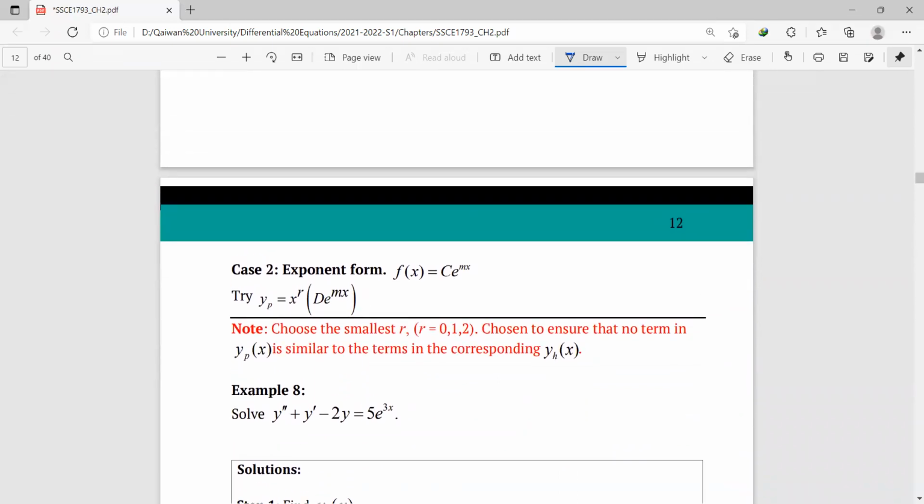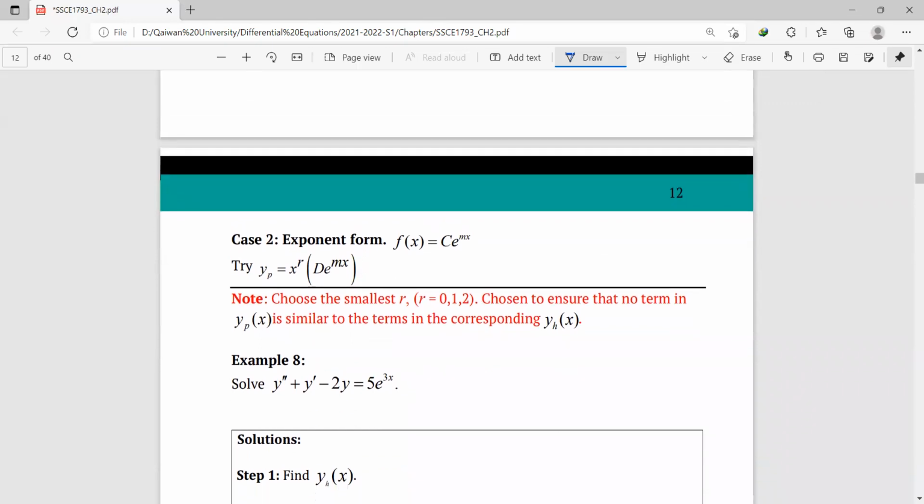And if the right-hand side is an exponential function, in these cases, we say the right-hand side is not 0. And the right-hand side could be a polynomial, it could be an exponential function, it could be sine or cosine, and also it could be the sum of these cases.